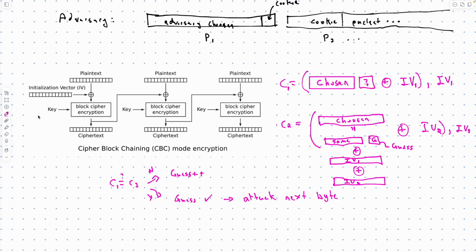So that's the key here. So this will cancel out with this. And what it will end up encrypting is this. So the same thing as here with your guess here, XORed with IV1. This is exactly the same as what was encrypted here.